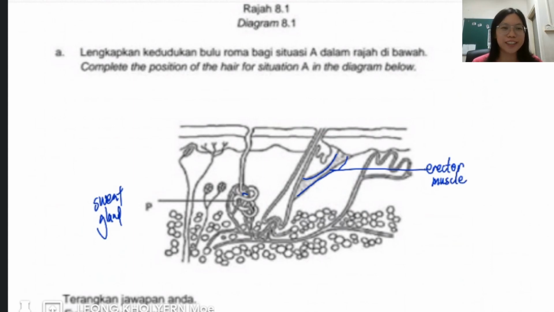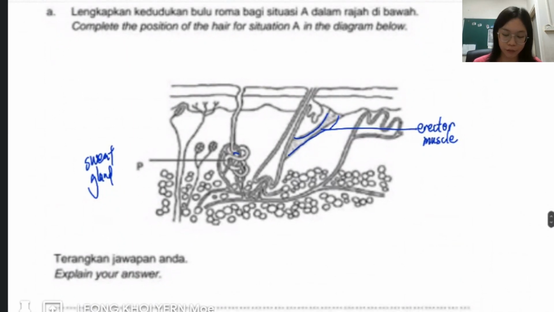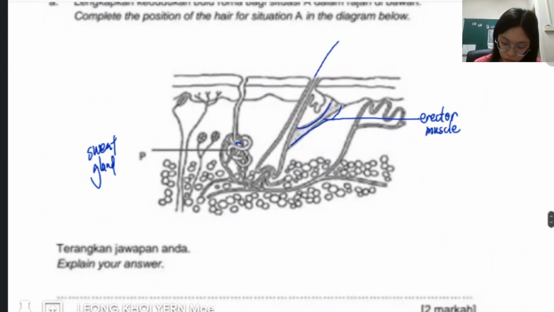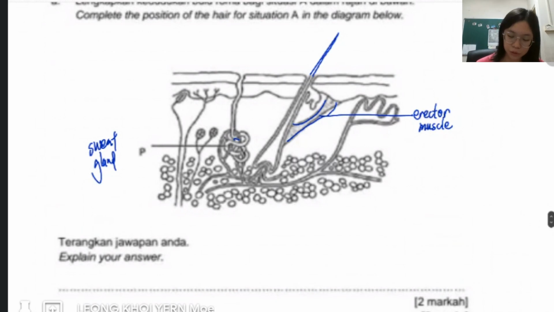Your fine hair will stand erect during cold temperature. So you have to explain it. It's quite hard to draw, bro. It will stand erect.